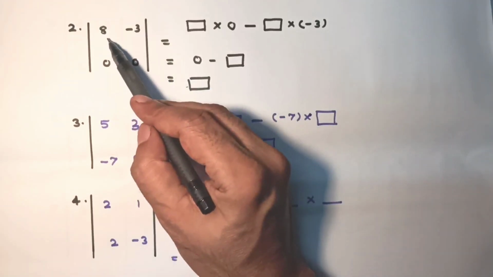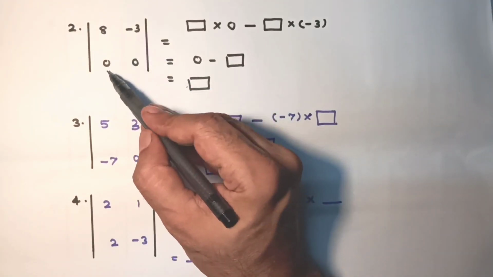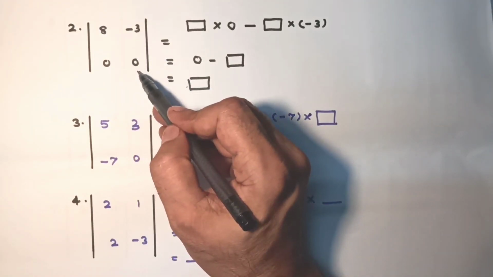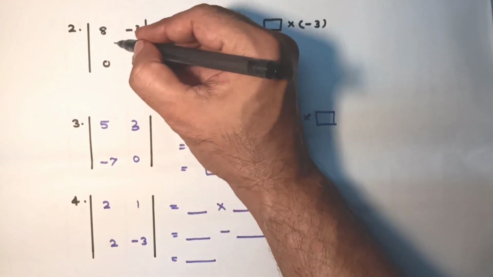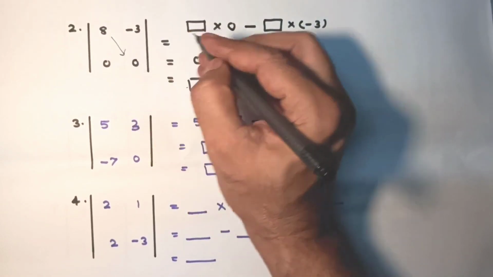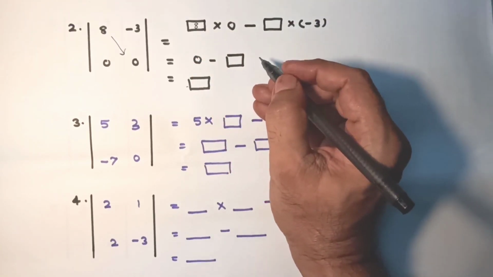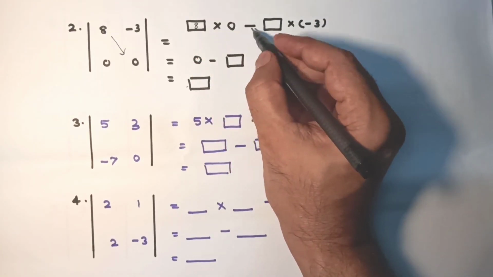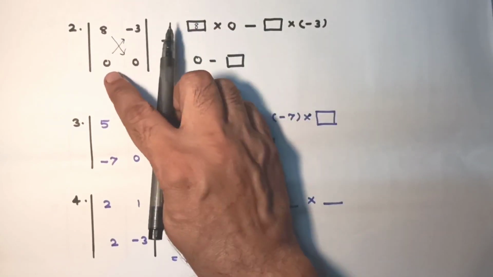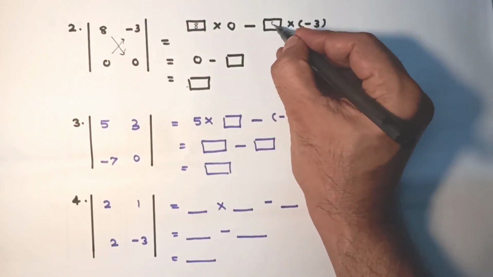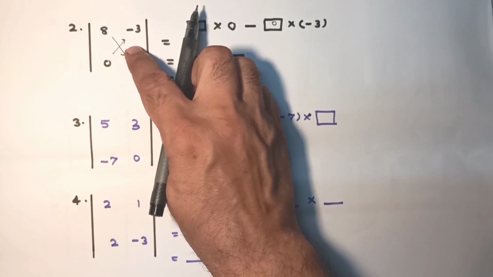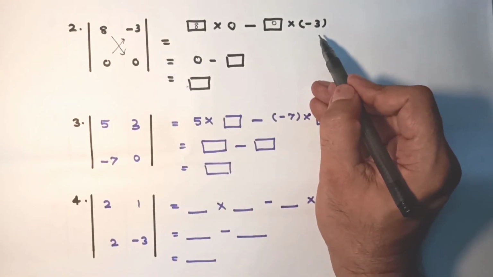Here 8, minus 3, 0 and 0. As usual, cross multiply. So 8 into 0, minus, 0 into minus 3.